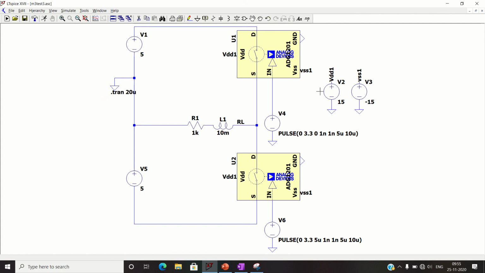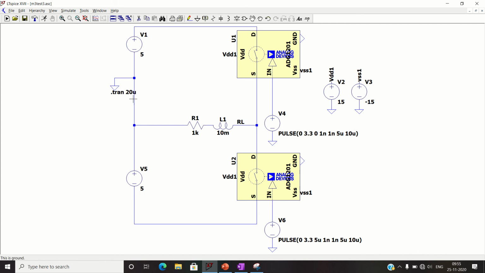Okay, so this is one circuit I have modified. What changes are there from the previous circuit is I have included an inductor of 10 millihenry, and I have changed the simulation time. Previously we were running the simulation for 20 milliseconds.